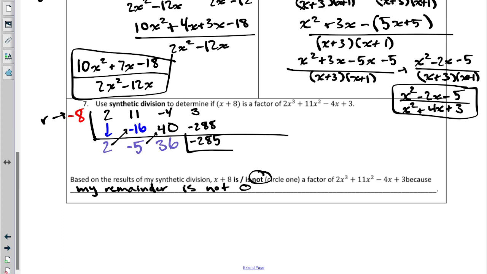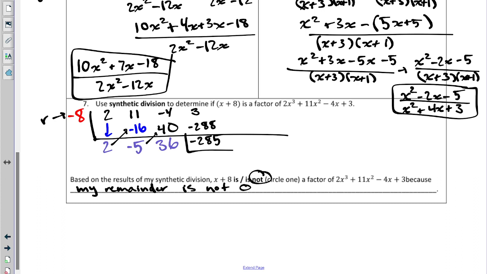Synthetic division. I want 2x cubed plus 11x squared minus 4x plus 3. I'm going to take this number and divide it by x plus 8 and hit go.